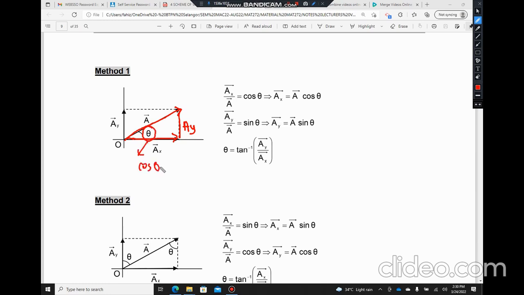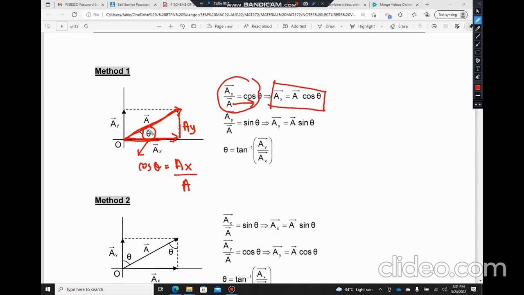Okay, untuk cos theta adjacent sebelahan. Okay, nilai sebelahan dia adalah AX over hypotenuse. Hypotenuse dia adalah A. Okay, so that's why awak akan dapat yang ni. AX over A equals to cos theta. So, kita nak simplify, kita nak just dapatkan AX. A bawa ke kanan, so dia akan jadi AX equals to A cos theta.